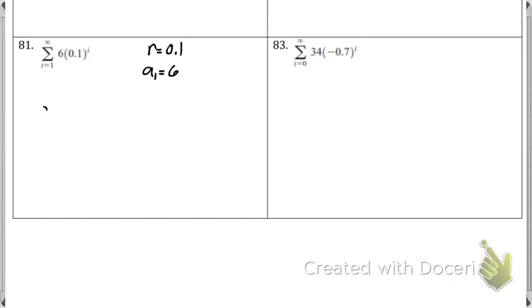So our infinite sum, S sub infinity, is going to equal our first term over 1 minus 0.1, and whatever that comes out to is going to be our sum. Because that's our formula. Remember, anytime it's infinity, either we can't do it, or it's a sub 1 over 1 minus r.